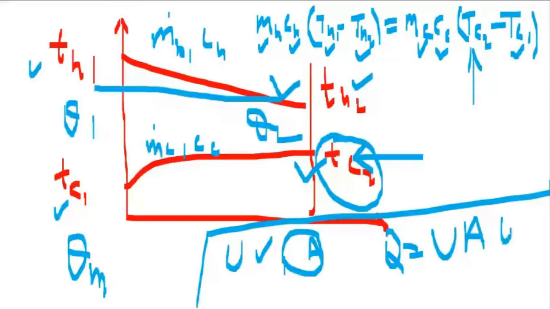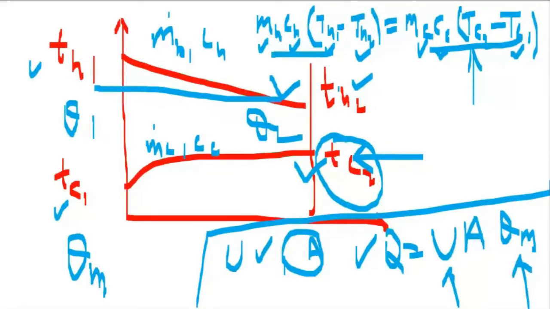This Q value we have determined using either this formula or this formula. From any of these two formulae, we can get the Q value. U value is given in the data. Theta m value you can determine because you know all the temperature values. So using this, we can find what should be the area of the heat exchanger, which should be available for heat transfer.